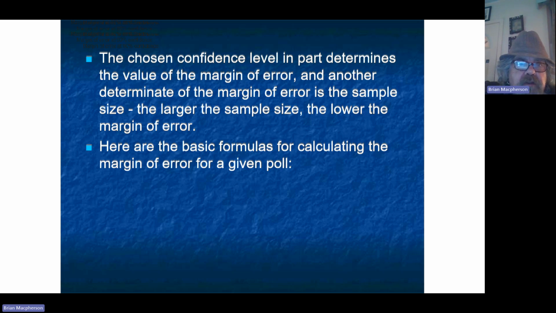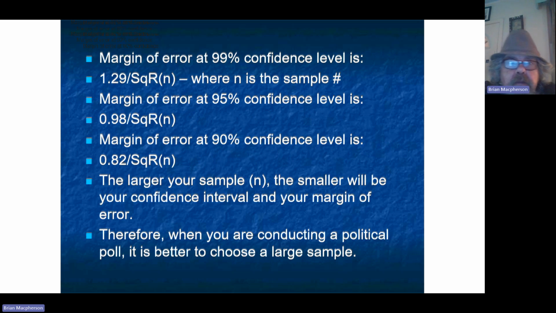Okay, so I have some numbers on the next slide. The margin of error at a 99% confidence level is 1.9 over the square root of n, right? Where n is the number of individuals in your sample, all right? The margin of error at a 95% confidence level is 0.98 over the square root of n, all right?